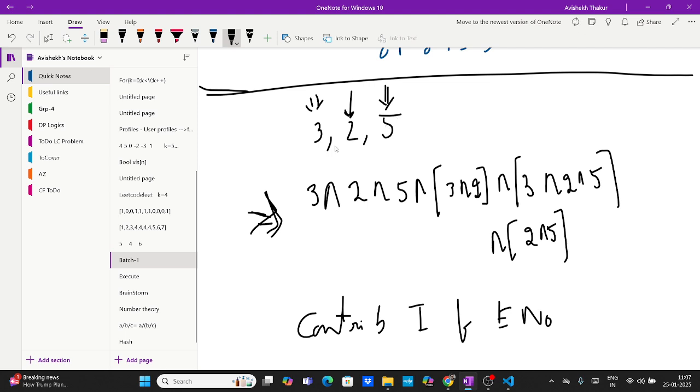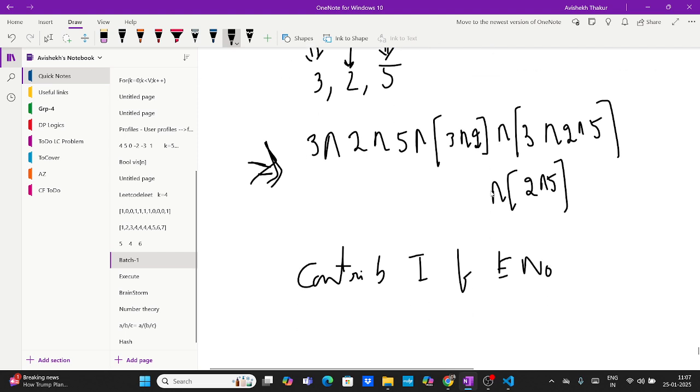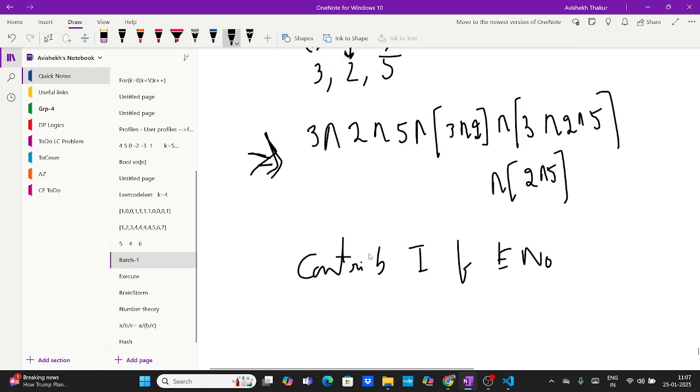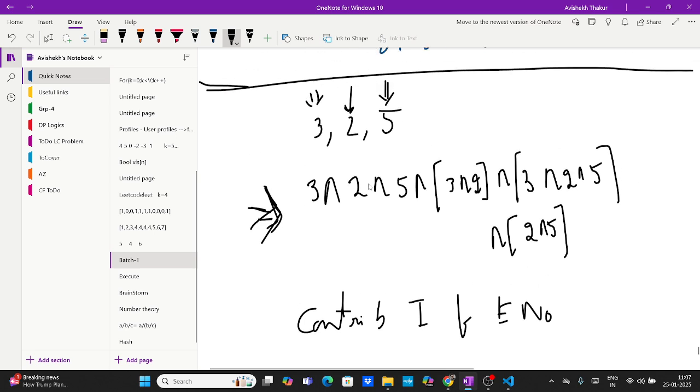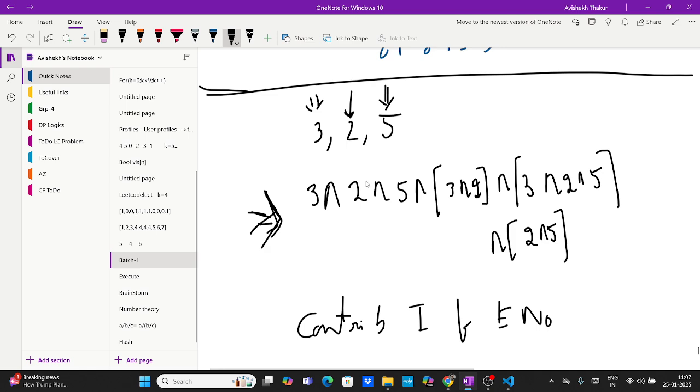So for any number, if we can find how many times it is occurring, and do the XOR, whether it is 0 or that number, will my answer be done? You got the intuition, the contribution? If it's an even number of times, A XOR A is equal to 0, and for an odd number of times, A XOR A XOR A is equal to A, right?